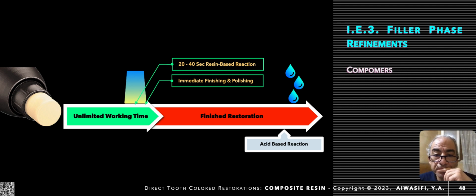But as I mentioned, it will undergo degradation and disintegration. That's why you can't use the material as a final restoration. It is used as a long-term temporary or interim restoration.